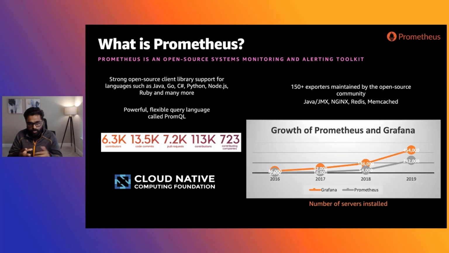So if you have a Redis workload running, all you have to do is simply run a Redis exporter. Similarly for Nginx and all that. You just have to run the exporter along with your workload, and you suddenly have metrics exposed in Prometheus format, and you can scrape. So the adoption curve is really not steep at all.